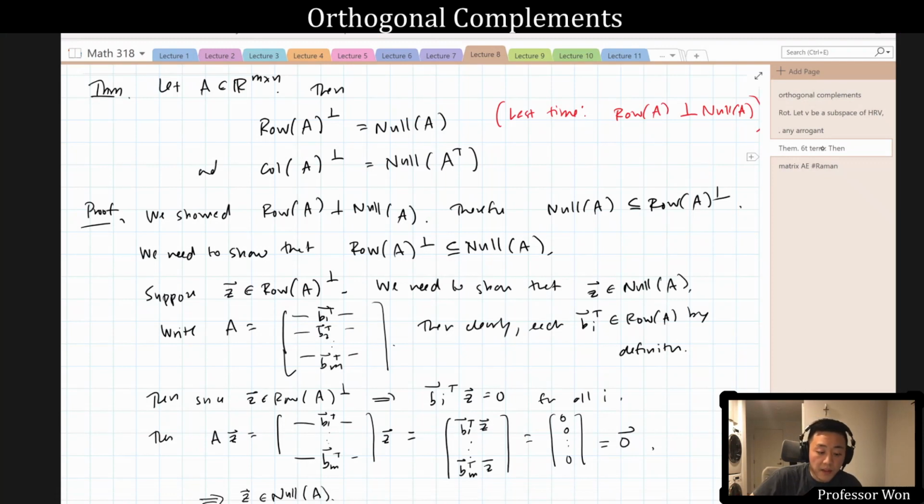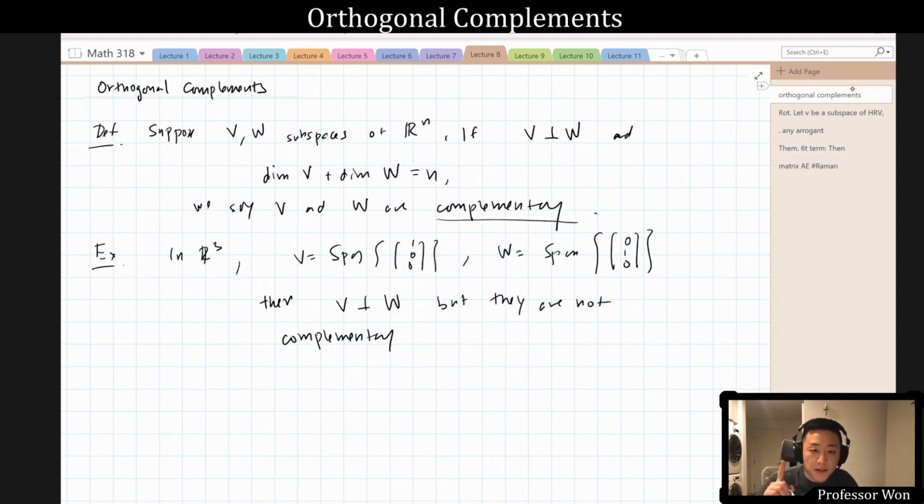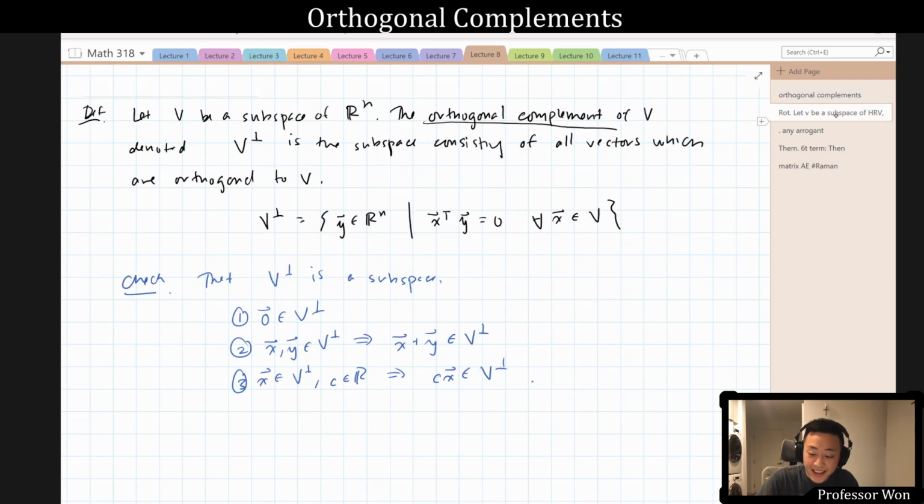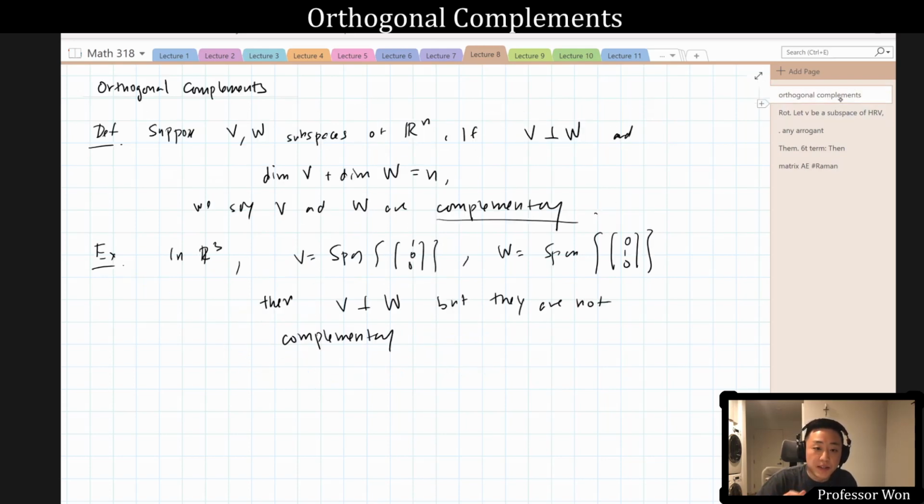Okay, but one thing that I sort of swept under the rug here is I've defined the word complement kind of twice, right? At first I said that you call two subspaces complementary if their dimensions sum to the entire vector space and they were orthogonal.